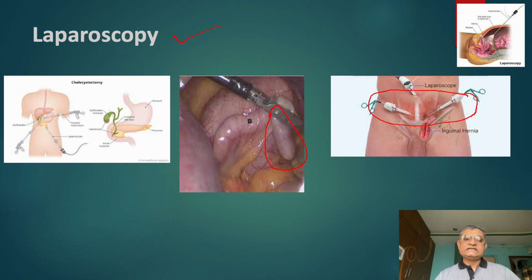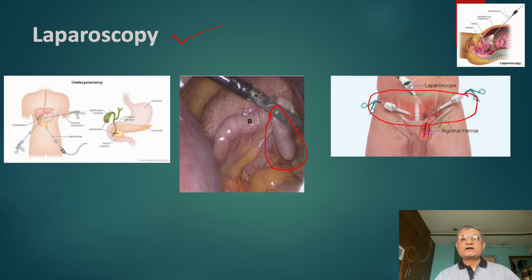Then when acid regurgitates into the esophagus from the stomach, known as gastroesophageal reflux disease, GERD, we also do Nissen's fundoplication. Nowadays, for weight reduction, even movie stars are undergoing bariatric surgeries.